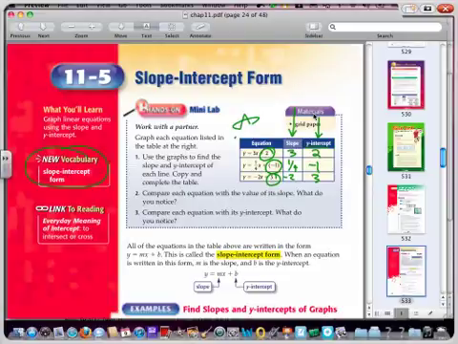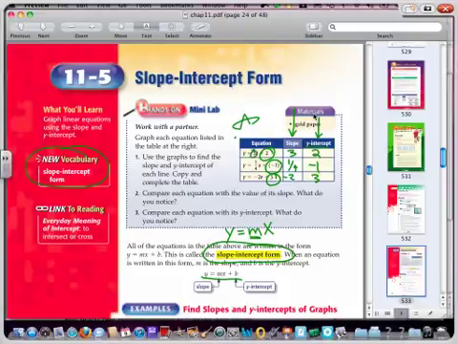So what we have here is known as the slope-intercept form. And here's what they've got here. If we put it in this form, y equals, whatever we have in front of x, this value, they call it m.